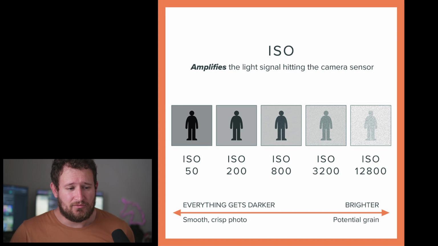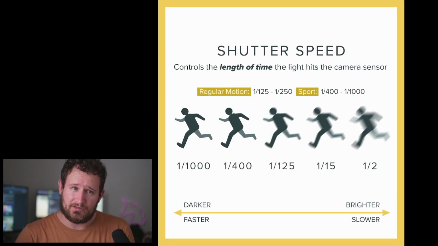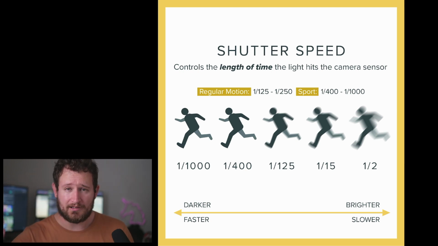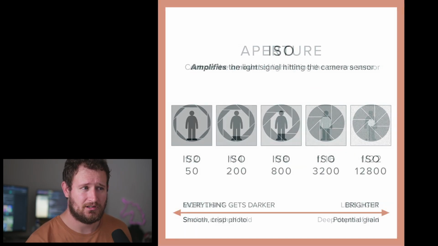But keep in mind, due to the fact that we want our shutter speed to always be at 1/125 for portraits or higher, that's one of our main control points when we want to darken down our scene.